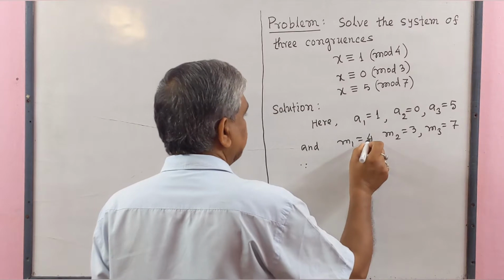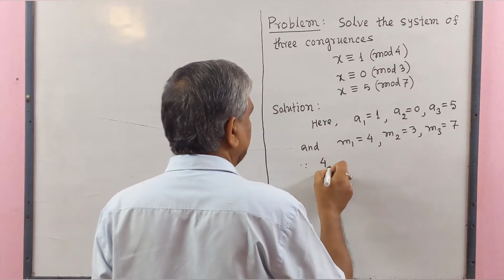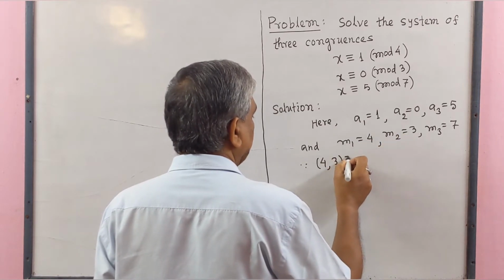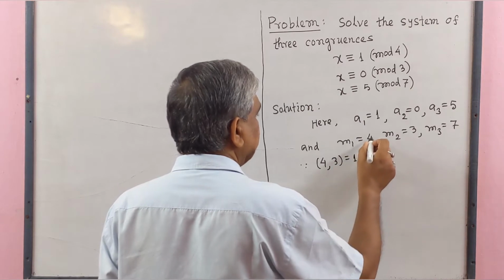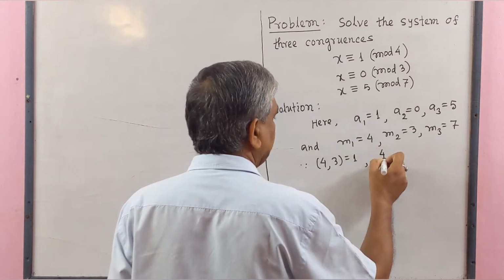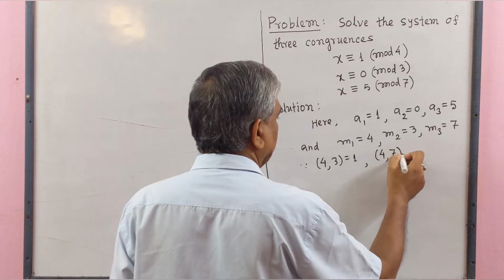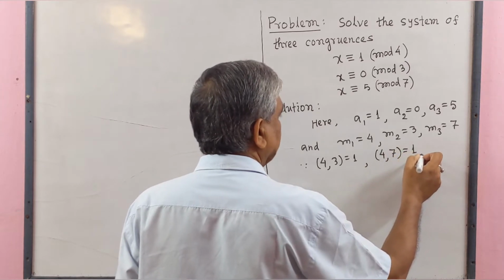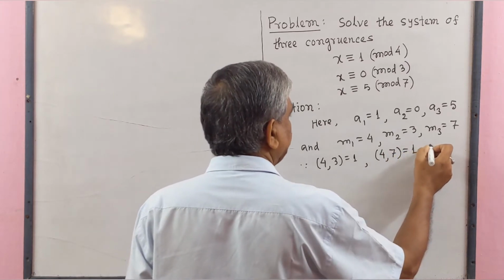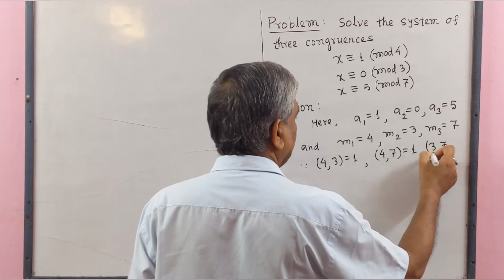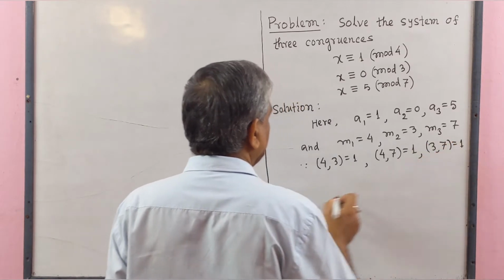Since GCD of 4 and 3 equal to 1, GCD of 4 and 7 equal to 1, GCD of 3 and 7 equal to 1.